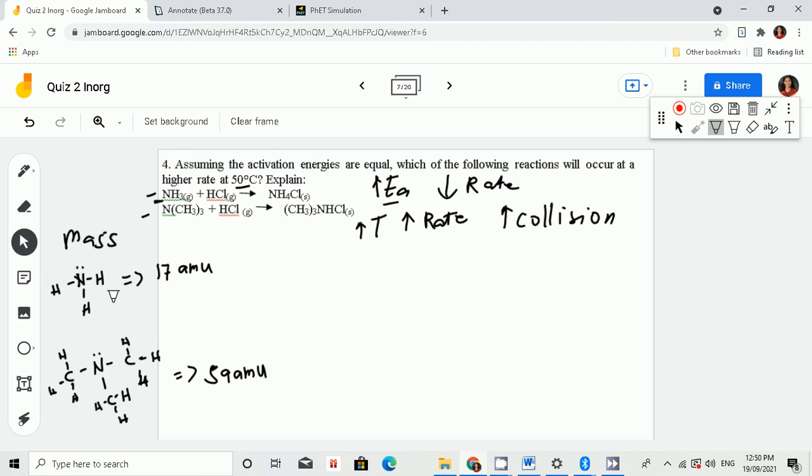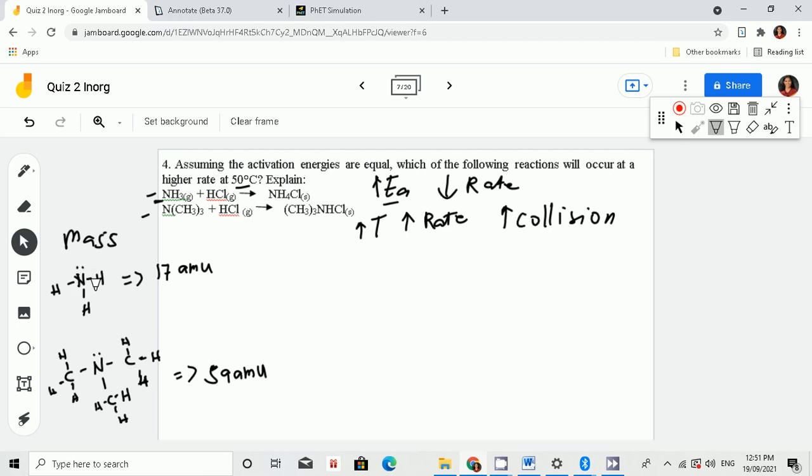So trimethylamine, the nitrogen bonded to three methyl groups, is heavier, so it moves slower and has a slower rate of reaction than ammonia, which is a lighter molecule.